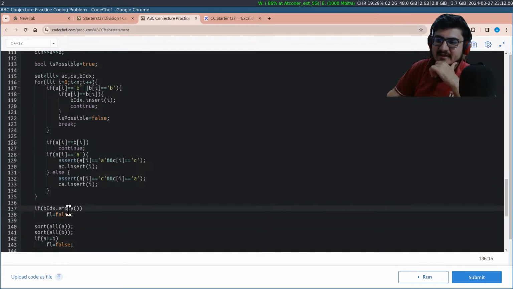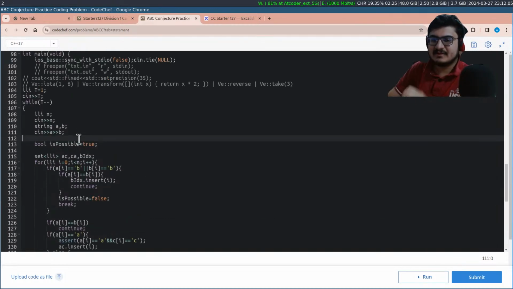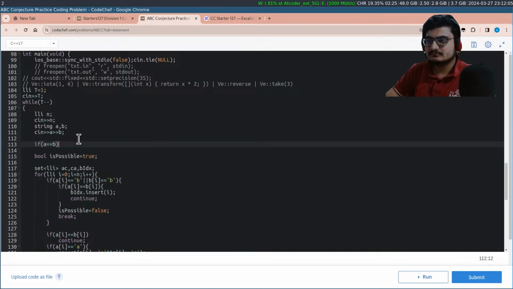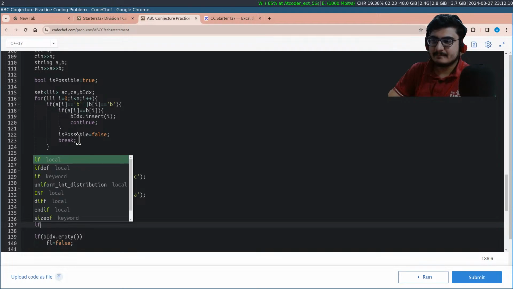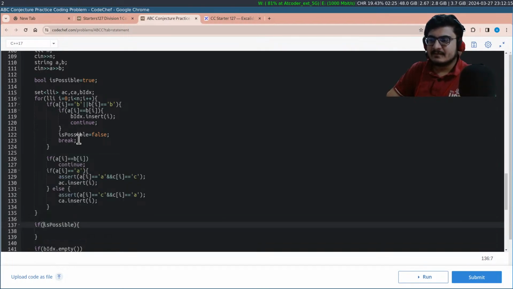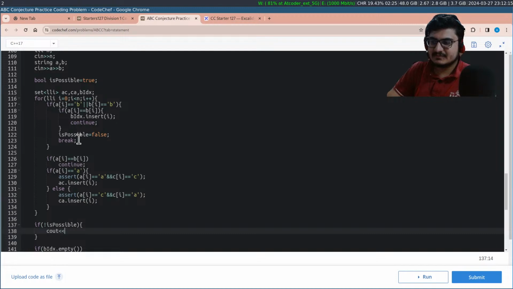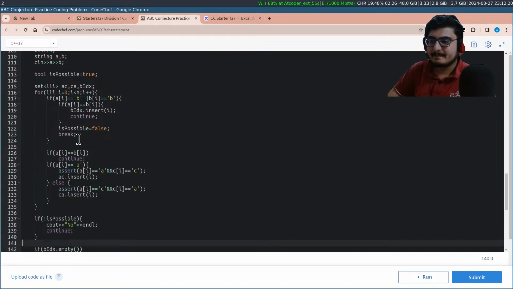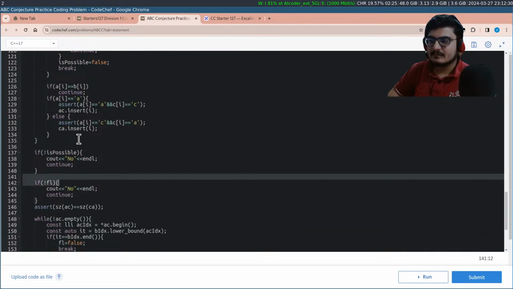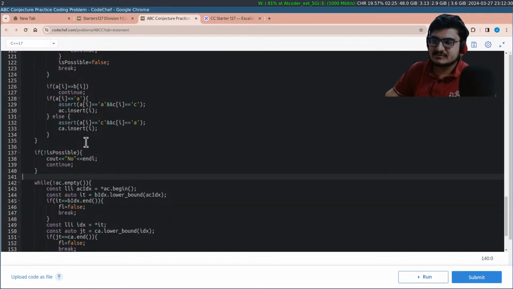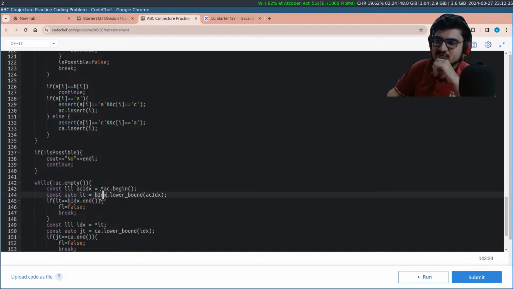And if there is no B in the array, at first we can check if A is equal to B. We don't really need this check as well. If there was a case when this number does not exist, we should print no and we should ignore it. Otherwise, what we can do is, as long as there is one AC pair, find the first index, then use lower bound on this to find the next index where B appears.